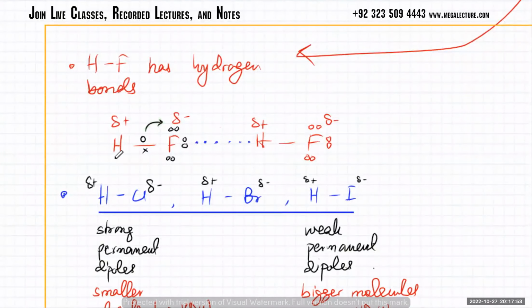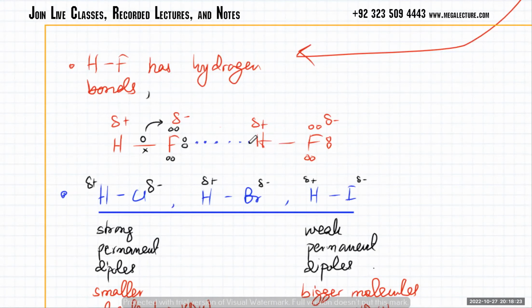The negative charge that builds up on fluorine is very, very strong, and the positive charge that appears on hydrogen is also very strong. Another reason why HF has such a strong dipole is that the lone pairs increase the negative charge, so it's not a small, slight negative charge. It's a pretty strong negative charge, which is why HF molecules attract each other very, very strongly. Is this clear?